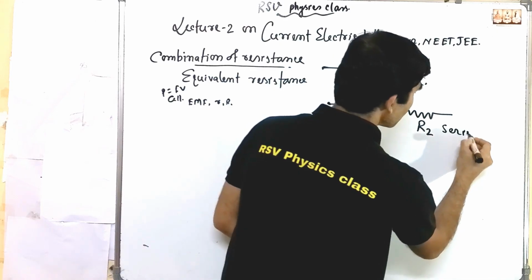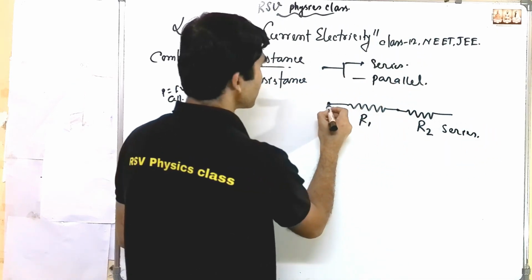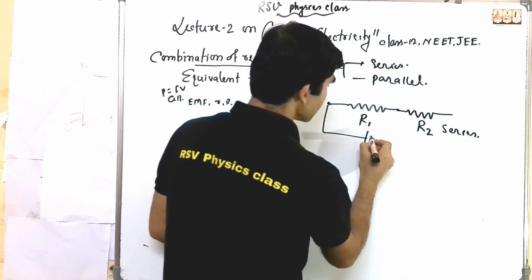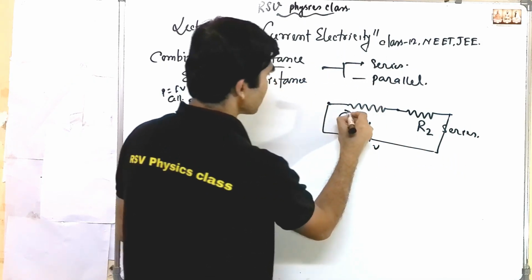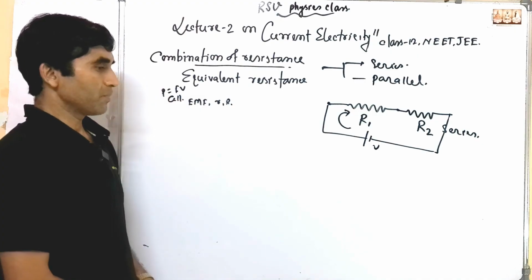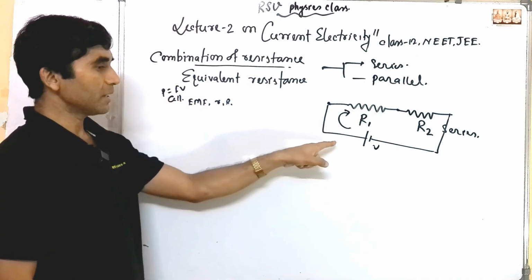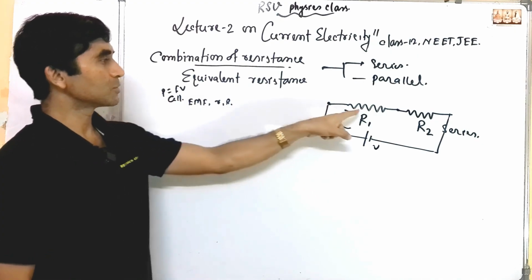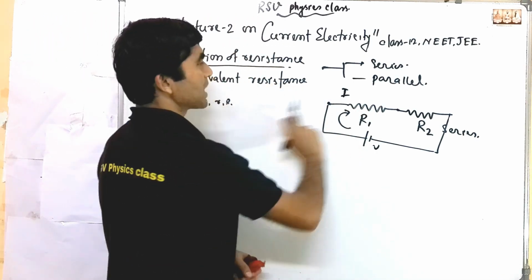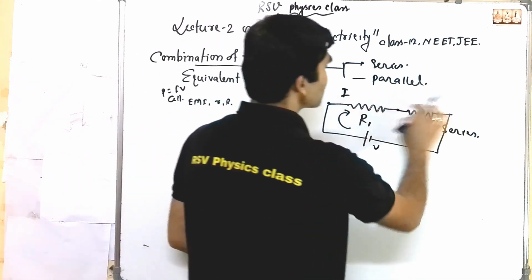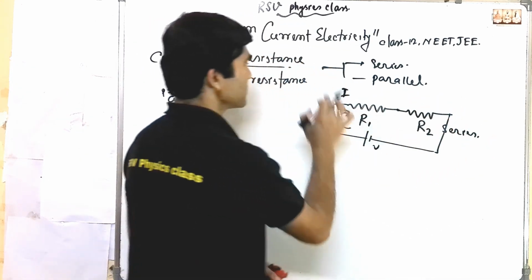If current is passing through this, with an EMF or voltage source, the current flows through this circuit. Here the current will be the same, the same charge will be passing through the circuit.